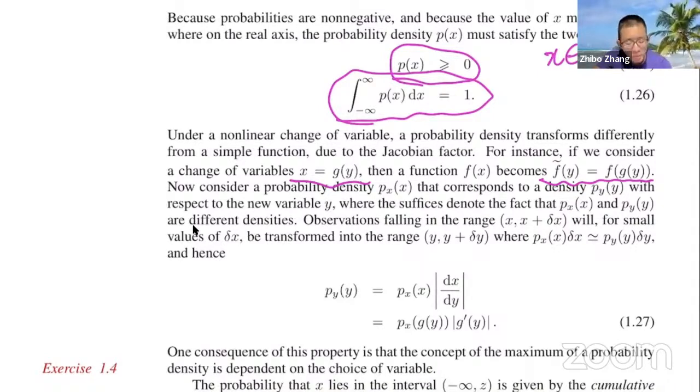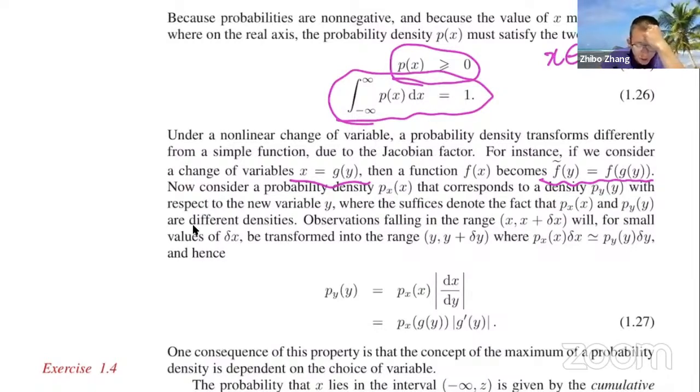Now consider a probability density over x that corresponds to a density over y with respect to the new variable y, where the tilde denotes the fact that the probability density of x and the probability density of y are different densities.